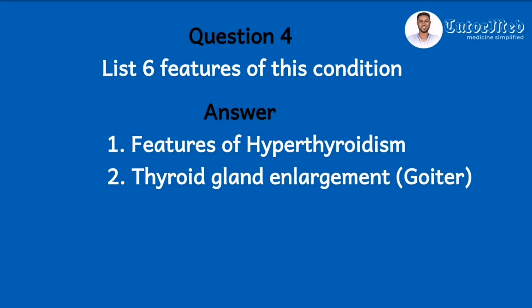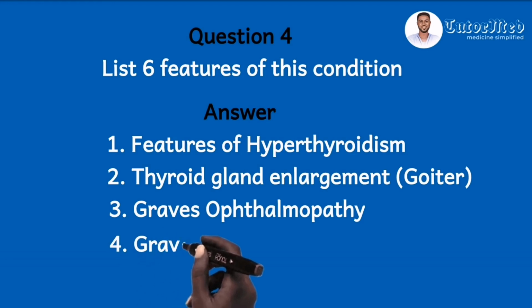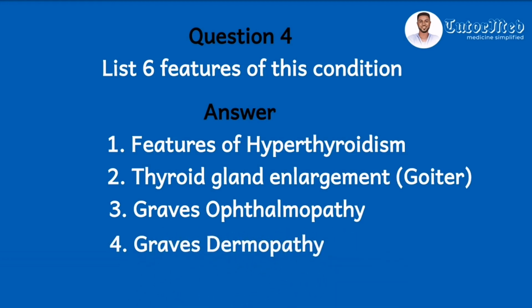It may be associated with eye changes, that is Graves' ophthalmopathy, also known as infiltrative ophthalmopathy. Remember, ophthalmopathy simply means eye disease. Then it may be associated with Graves' dermopathy, that is infiltrative dermopathy. And so these are the clinical features of Graves'. Features of hyperthyroidism: there may be a goiter, there may be eye involvement, and then there may be skin involvement. And so we are going to look at these features in subsequent slides briefly. Then we'll select 6 answers out of them and put them as our answer.